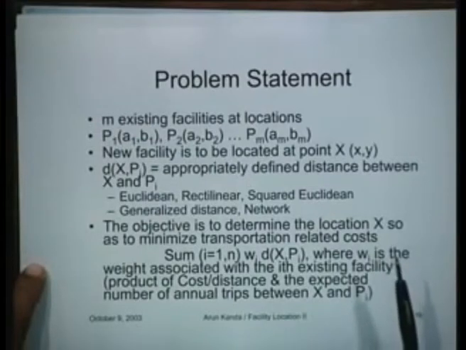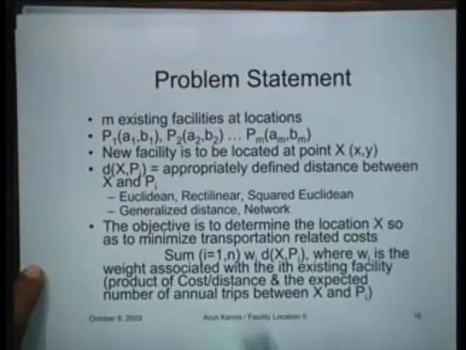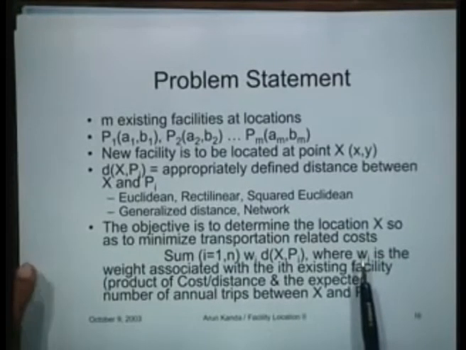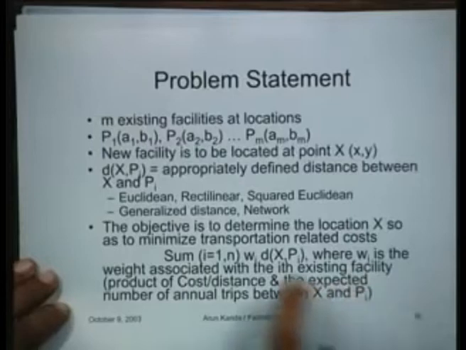If you recall our discussion of the Varignon frame, where we had determined weights corresponding to each of the points, the interpretation of wi is the same. It's the weightage given to the ith point, how important it is in terms of the interactions which take place between the new facility and that particular facility. So that's the objective function. This is the general statement of the problem.